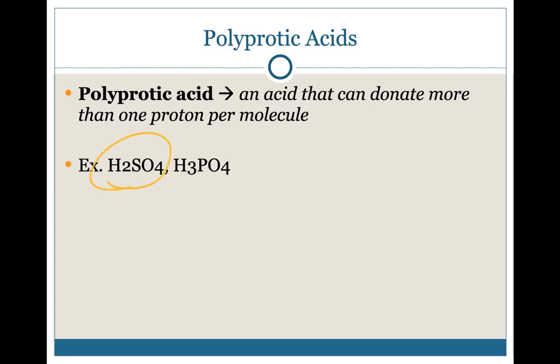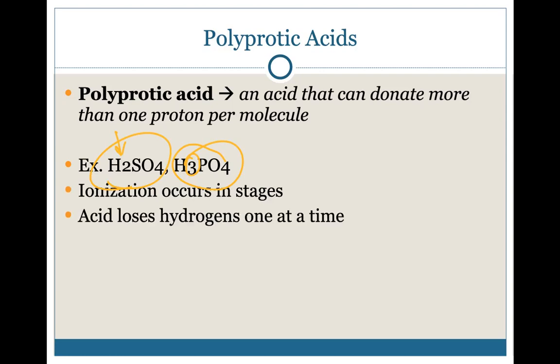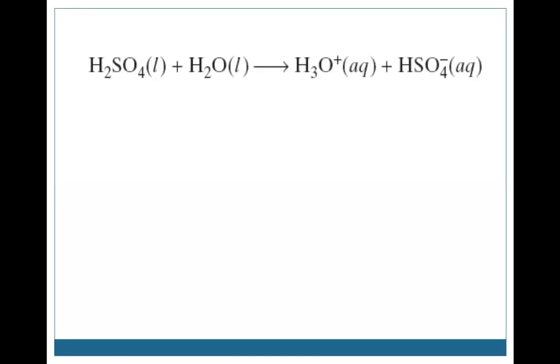So sulfuric acid has 2, so it's a diprotic acid, and phosphoric acid has 3, so it is a triprotic acid. It is also important to remember or to understand that sulfuric acid doesn't give up both protons at the same time. It happens in stages. So the acid will lose 1 hydrogen at a time.